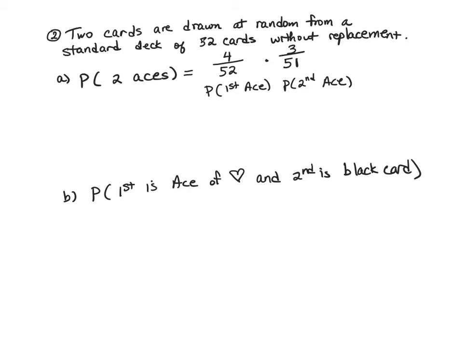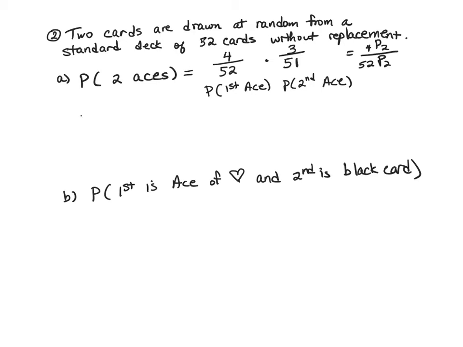So we think of these as separate little experiments combined. But if you take a look at it as a whole picture, what we're doing is considering 4 times 3, which is 4p2, and 52 times 51, which is 52p2.